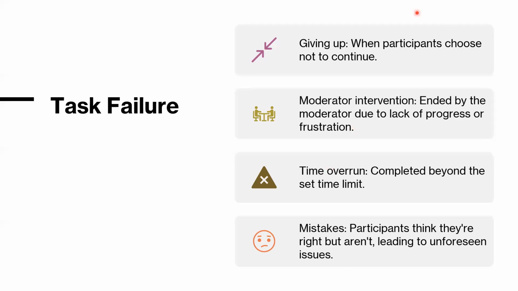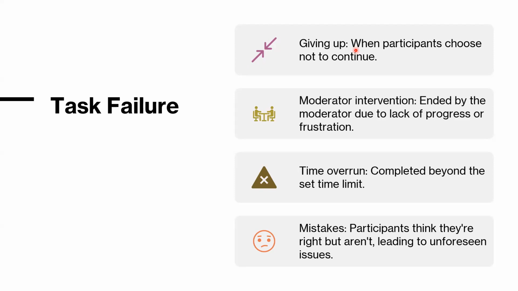So for task failure, you can define many types of failures. For example, giving up, where users choose not to continue because they think it's too hard, too complex, or they cannot do it. It may happen in very complex transactions or user tasks.